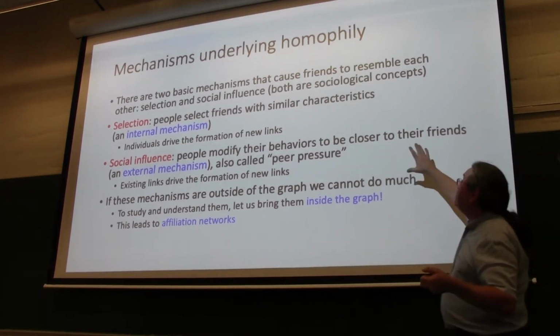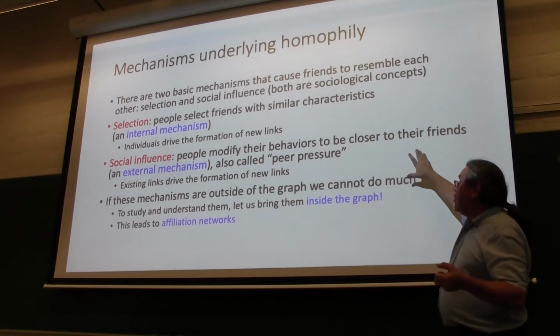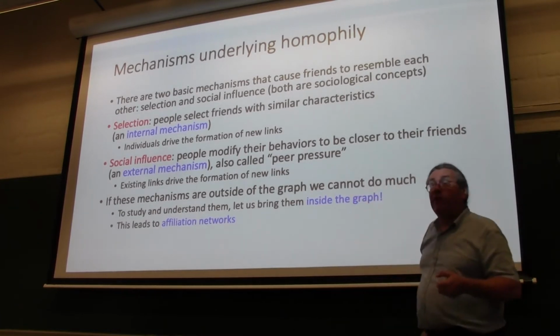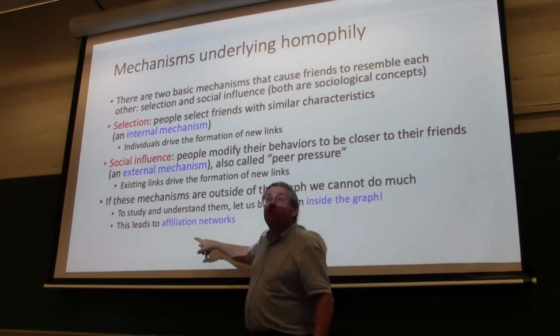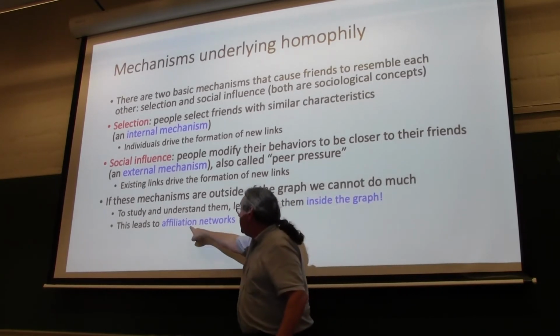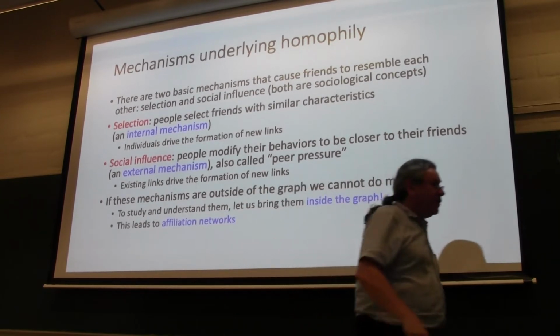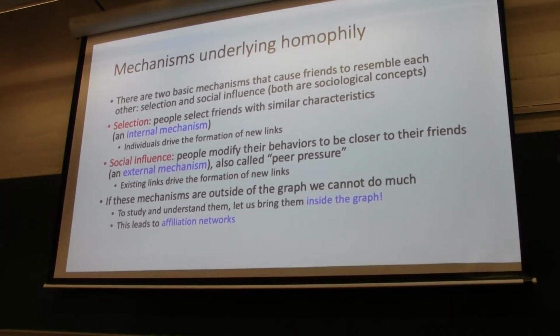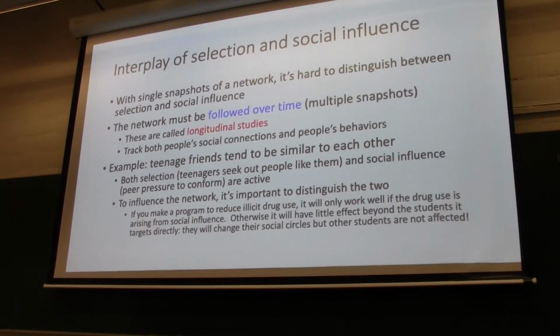So in order to make this more concrete, we want to bring this into the graph. And this is not a social network, this is a new kind of network. It's called an affiliation network. Let me show you how it works. Let me for now skip this slide.